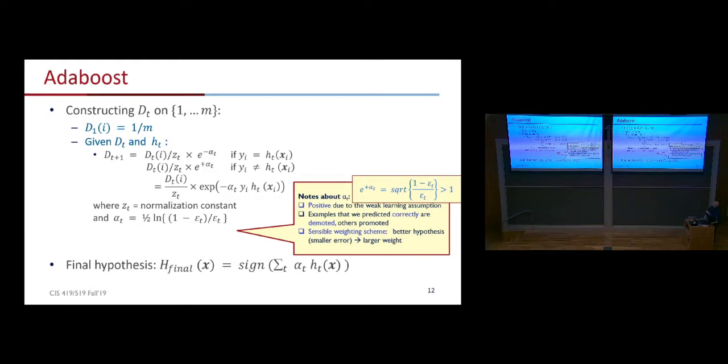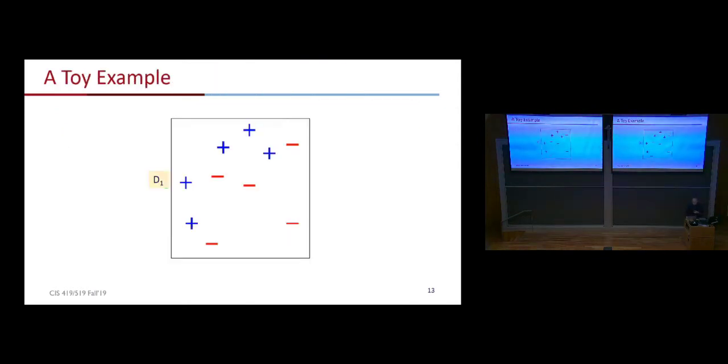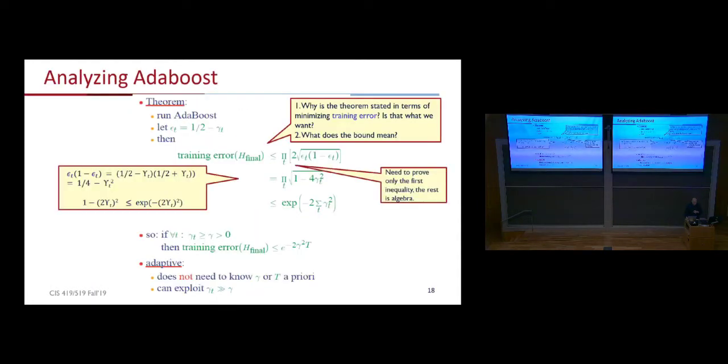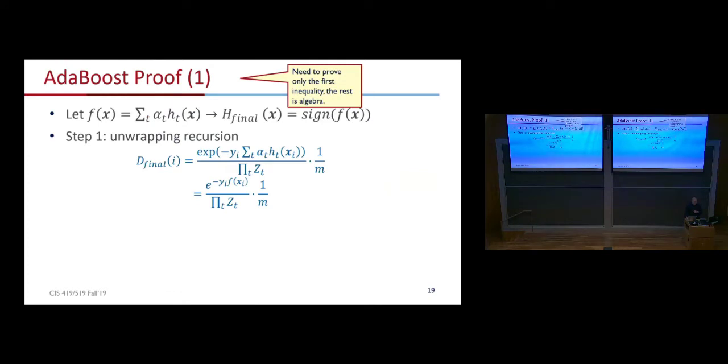I'm basically repeatedly multiplying by this expression for different t's, and I'm going to get this. And as we said, this is the final weight of the ith example.